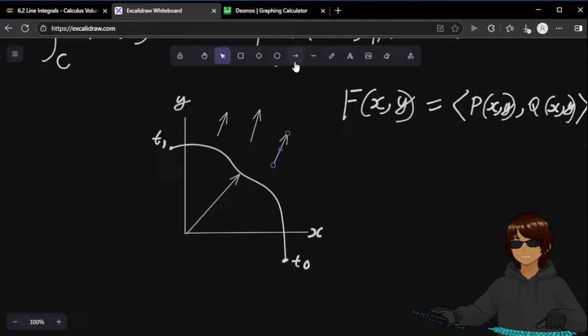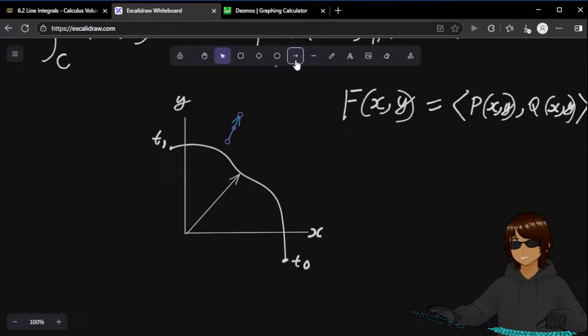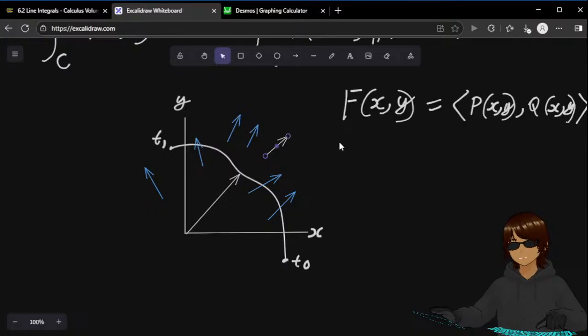Every xy value gives a vector. I'll color it to differentiate it from r of t. So capital F of xy defines these vectors, and then we have this and we have r of t, of course.